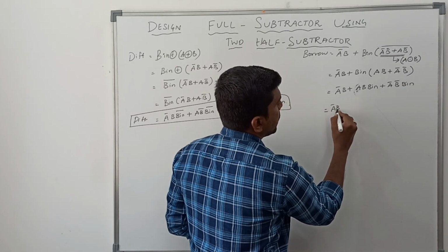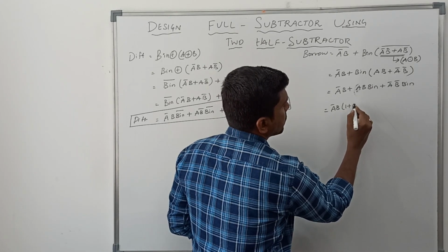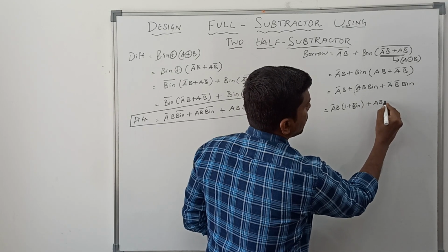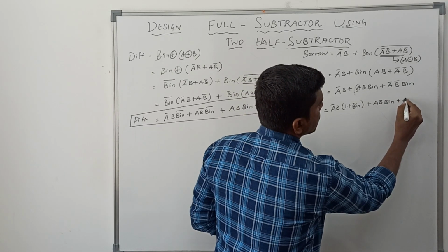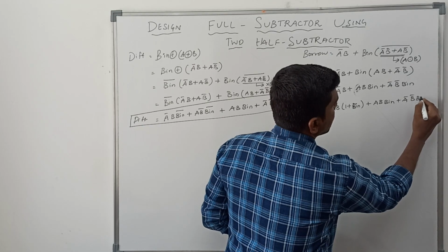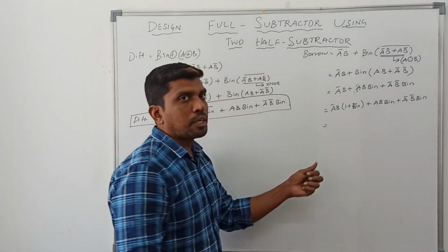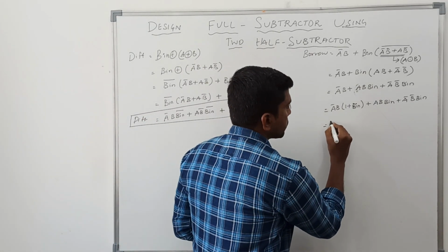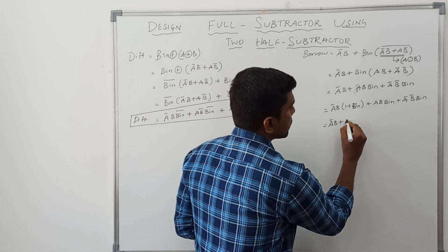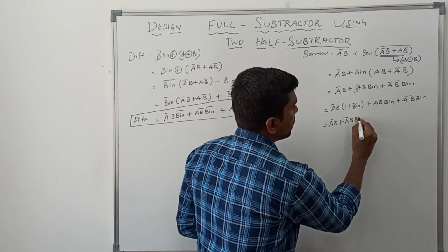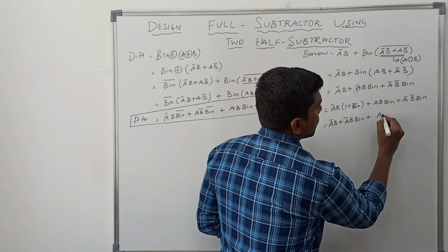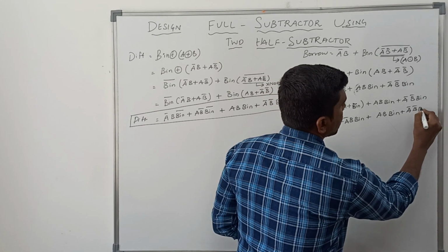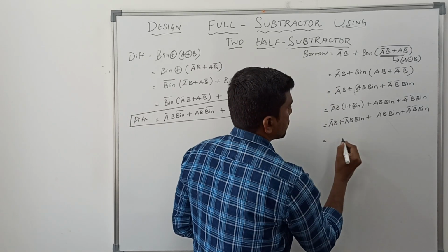Now A bar B is multiplied with 1 plus B in, plus A B in plus A bar B in. You just multiply A bar B with 1 plus B in. So A bar B plus A bar B in plus A B in plus A bar B in.